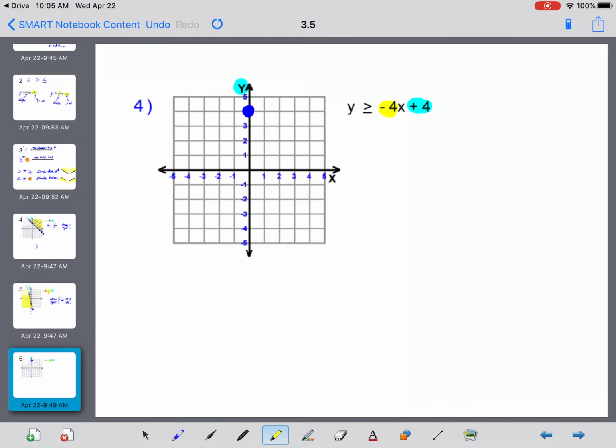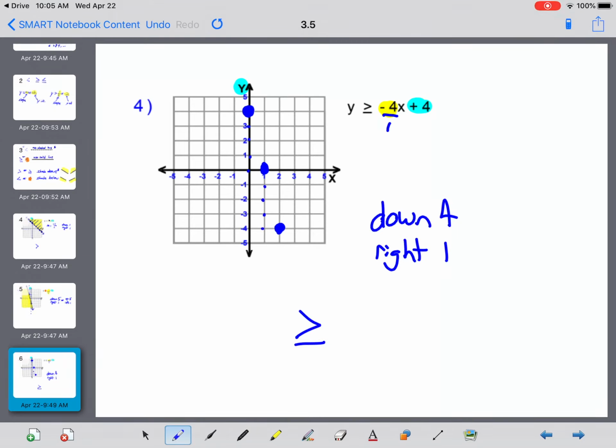Our slope is negative 4, but again, just like the last question, we like to have our slope as a fraction, so negative 4 over 1, which means down 4 and to the right 1. So from our first point, let's go down 4 to the right 1, down 4 to the right 1.